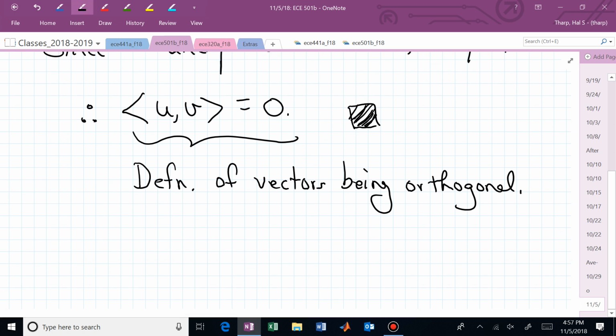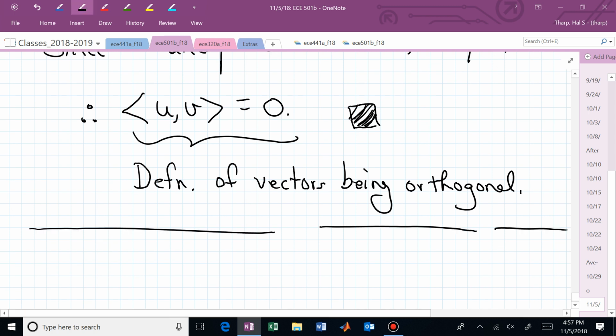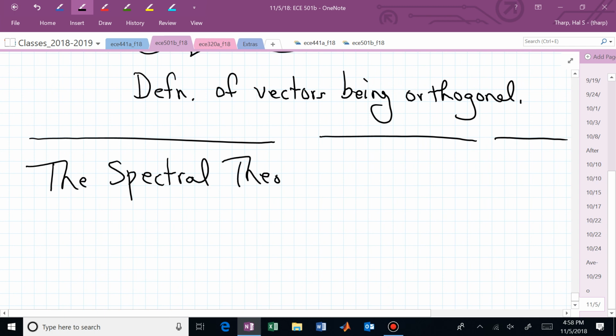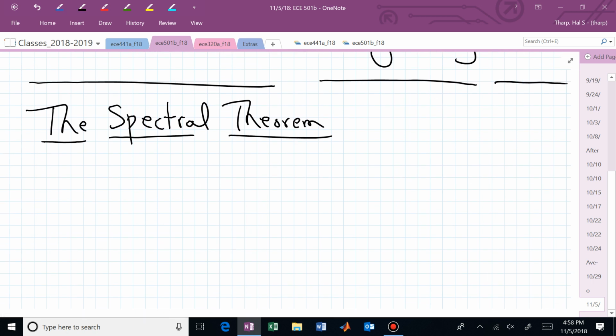What are we doing? Well, we're trying to end up with specifying some of these operators to make them look special or nice. So now we're ready to state the spectral theorem. And before we state that, let me just write. So now I need to get my hand all loosened up because I'm going to do quite a bit of writing.